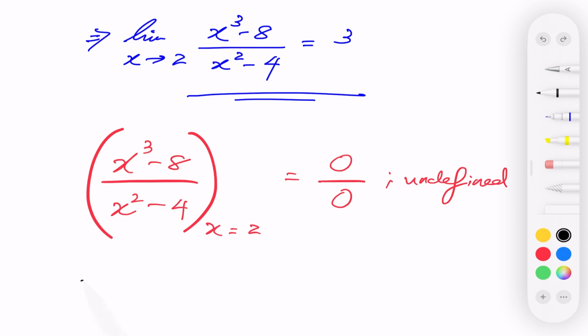Therefore, we say that even though x cubed minus 8 over x squared minus 4 has the limit as x approaches 2, that function is not continuous within a neighborhood of x equals 2.